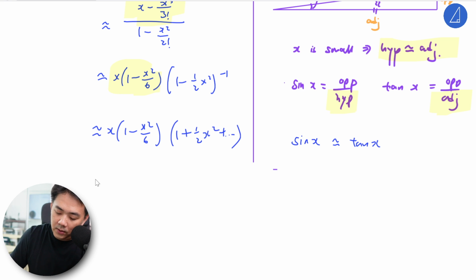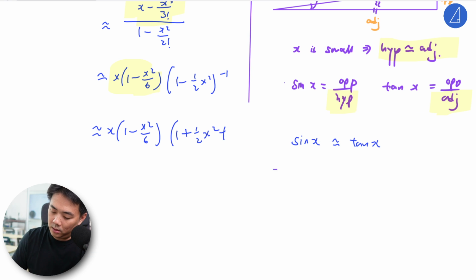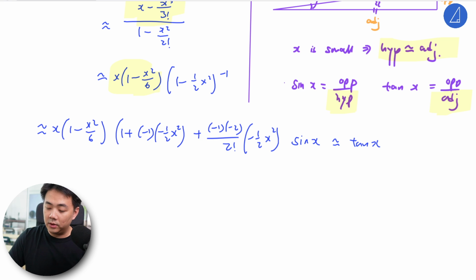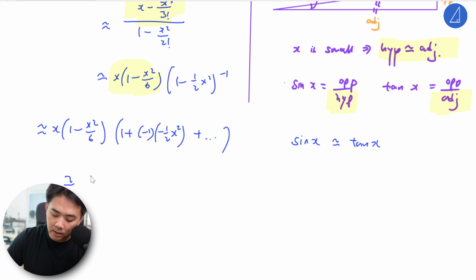We need x cubed, so we can put x cubed if you want to. I'm going to stop here, because the higher terms are power 4, so I can just ignore them. So this will just be x times 1 minus x squared over 6, over 1 plus half x squared.